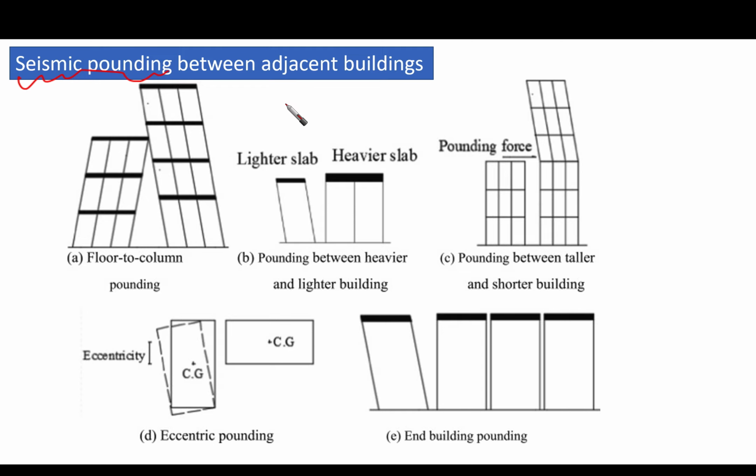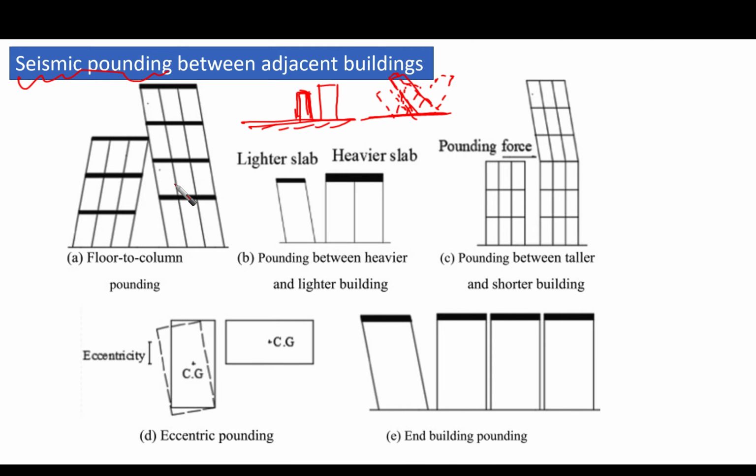If we have structures like this and their responses are in phase, we are going to find the structures moving in this way, for example. They still keep the separation, and in the opposite direction they might work like this, so the structure is like this without any kind of pounding.